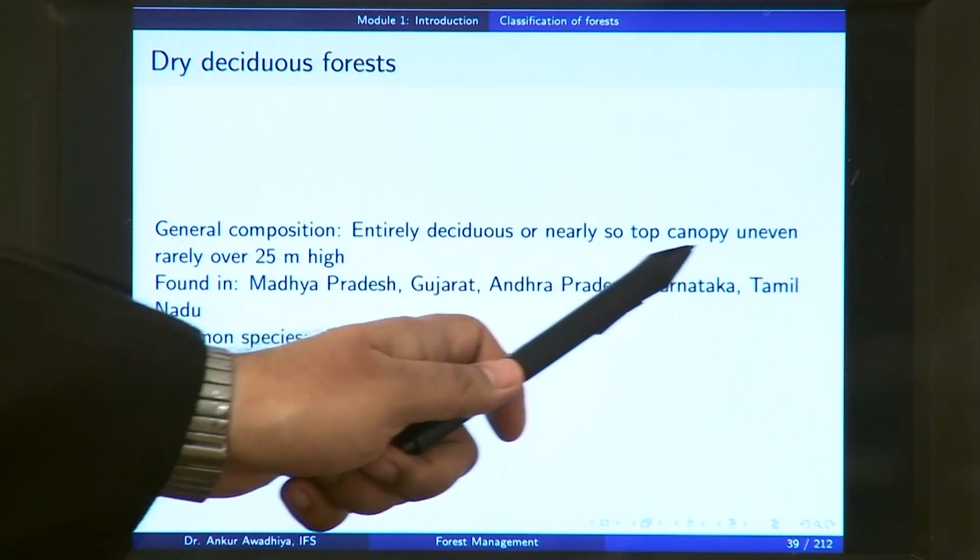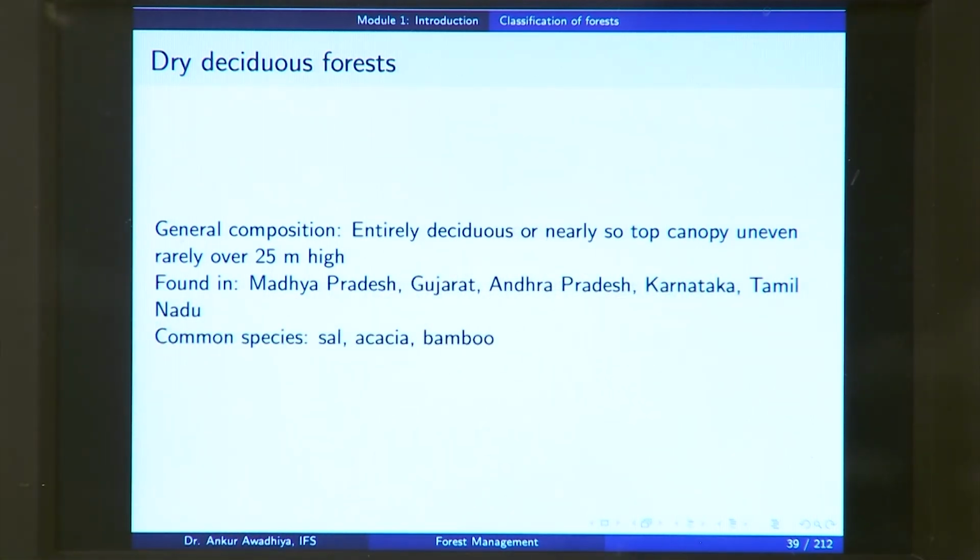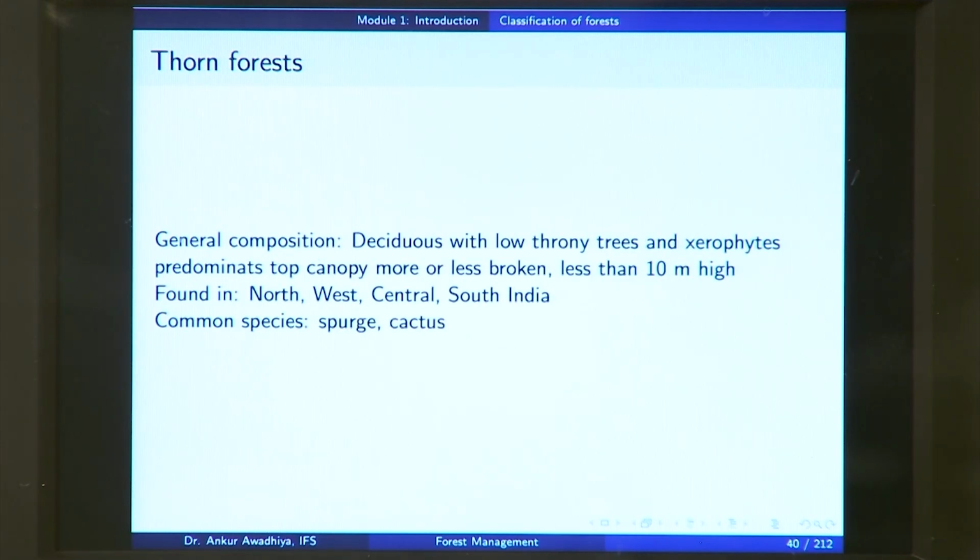The top canopy is uneven, which means that all these trees have different heights, because of which you do not have a continuous canopy, and the height is rarely over 25 meters. So, the height is less. These forests are found in Madhya Pradesh, Gujarat, Andhra Pradesh, Karnataka and Tamil Nadu, and common species include sal, acacia and bamboo. Next, we will look at thorn forest.